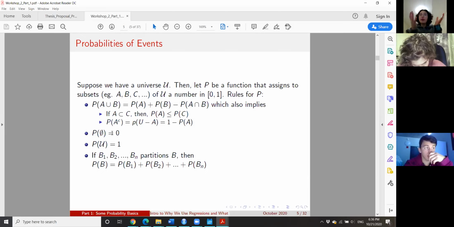If you have 5 people, and say B is the event that one of the 3 people whose names come first in the alphabet is chosen, then for B1, B2, and B3, the probability that each of those individuals is chosen on their own must sum to the probability that the person chosen is from the group of 3, if that makes sense. Essentially, if you have smaller events that make up a bigger event, the sum of the probabilities of the smaller events must equal the probability of the bigger event.